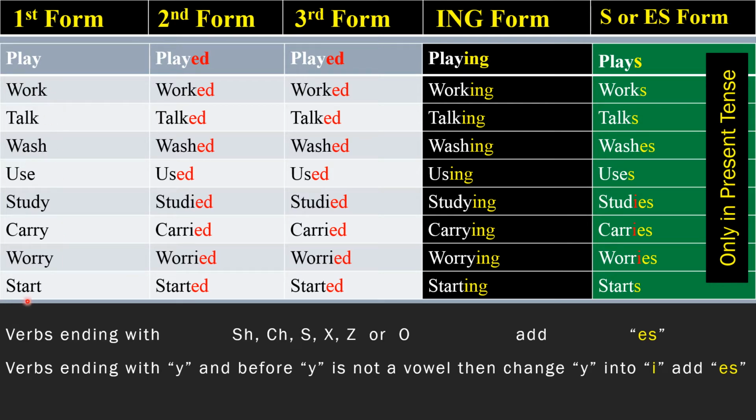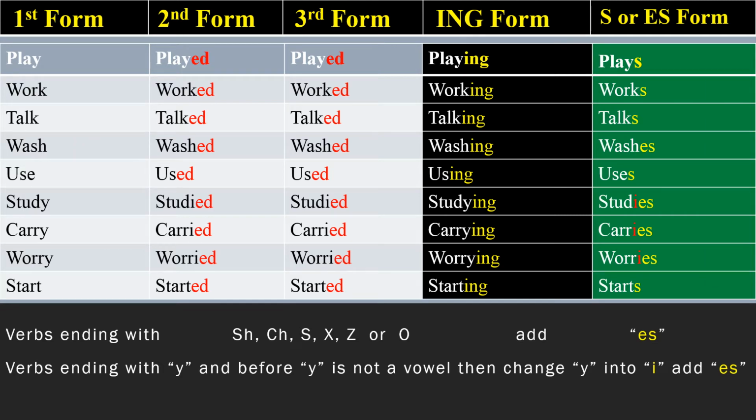So these are used when it is a single name, or he or she or it, then these S forms are used. So they are used in present tense. Which S form or ES form is used in present tense, or first form is used in present tense? This is to learn, and one is to keep this thing in mind.